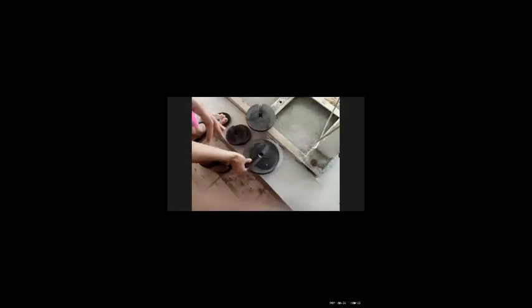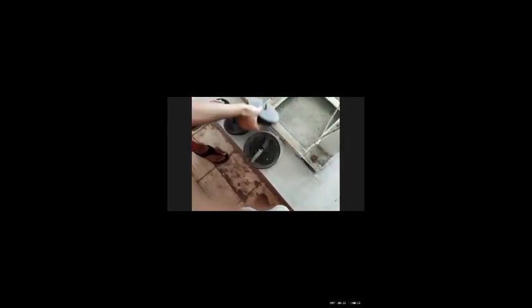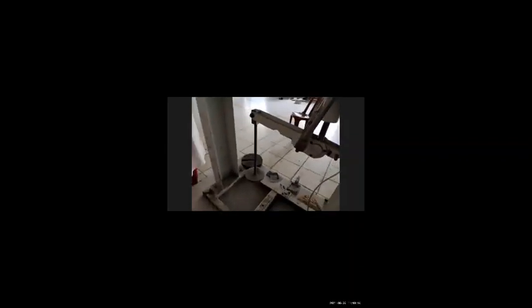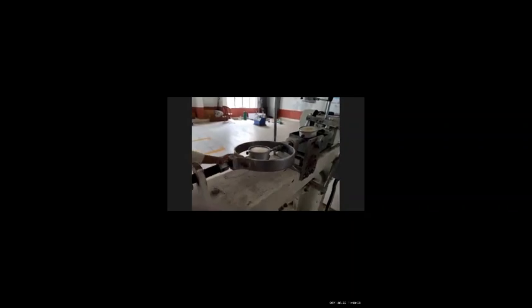And this is the 5 kg weight that is applied on this portion, and it acts as normal weight in the normal direction. This is the screw by which we can adjust the proving ring towards the shear box.